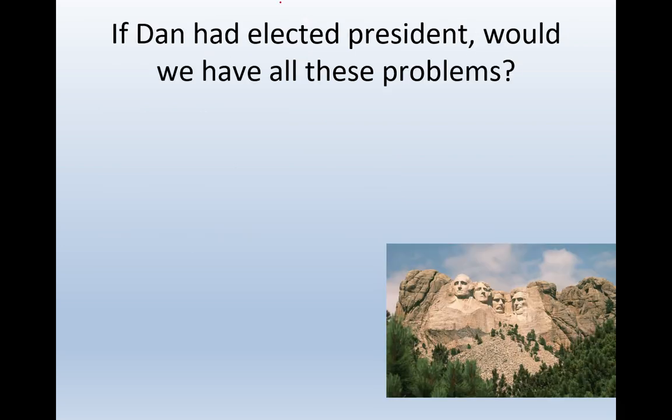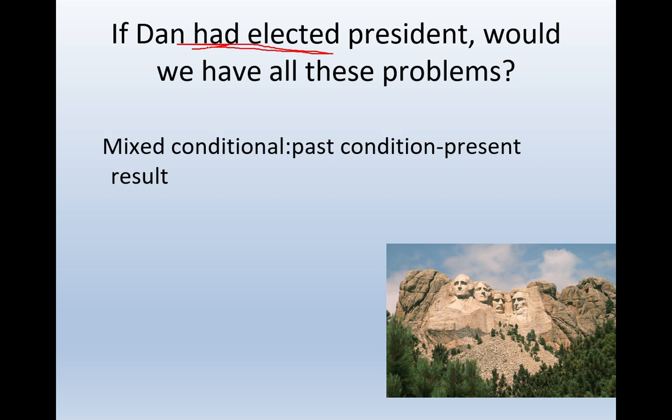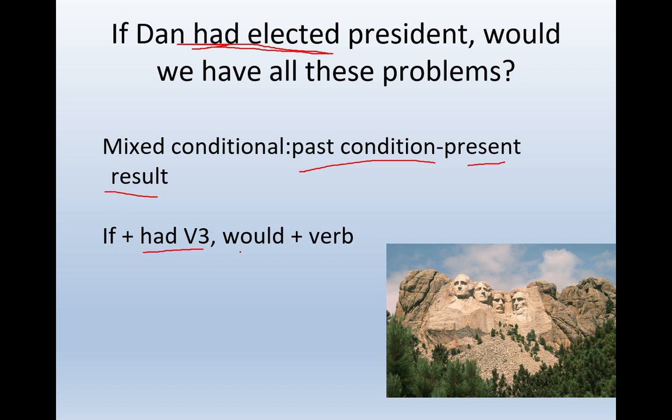If Dan had elected president, would we have all these problems? This problem is with had elected. Now, this is actually a mixed conditional because I have this past condition, if Dan elected, and then a present result, these problems now. So to form that, we would use if plus the past perfect, and then would plus the verb for a mixed conditional.